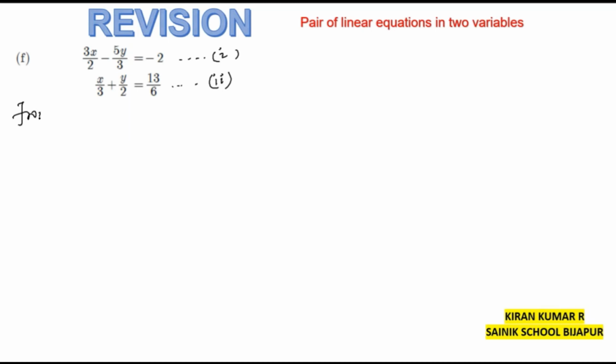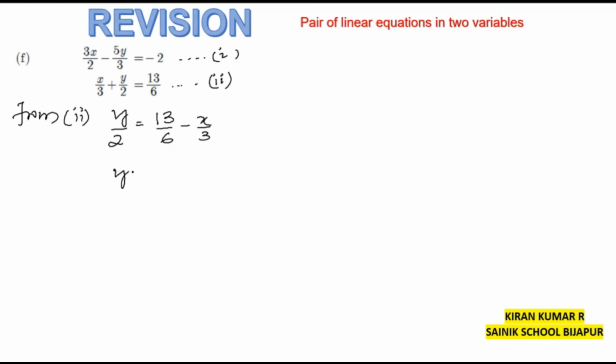From equation 2, we have y by 2 equal to 13 by 6 minus x by 3. If you take the LCM in the right hand side, you will be having 6 as the LCM.